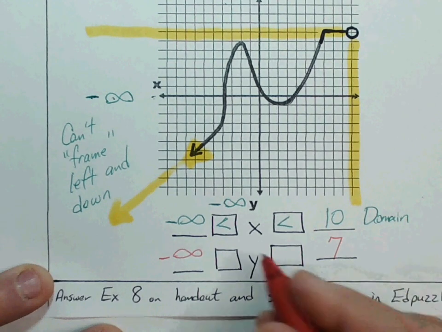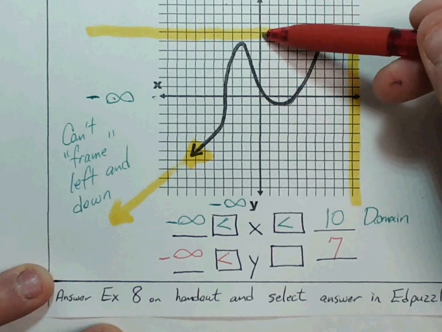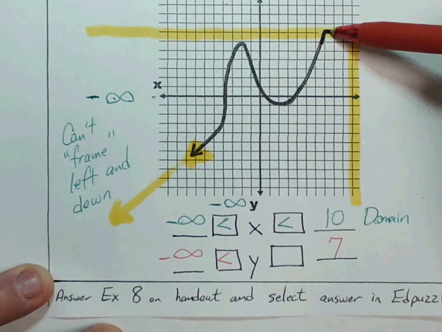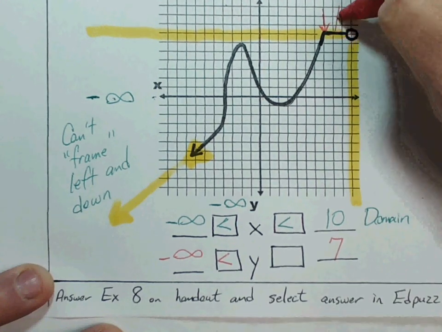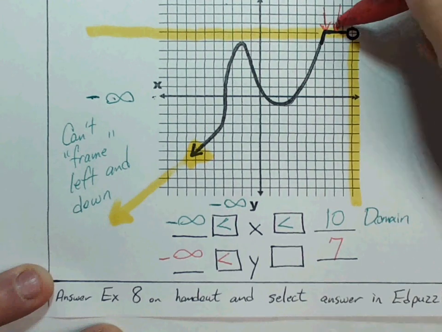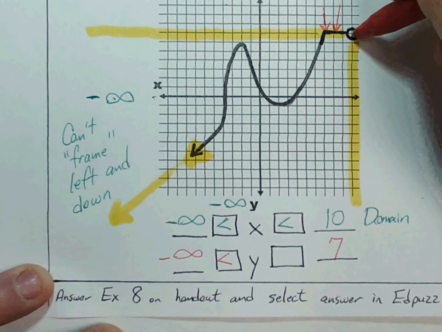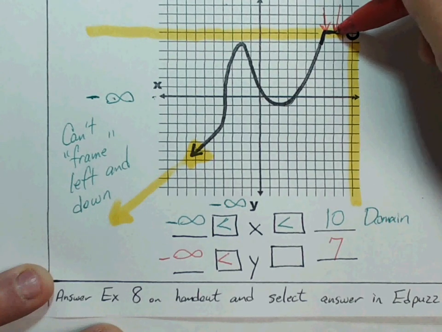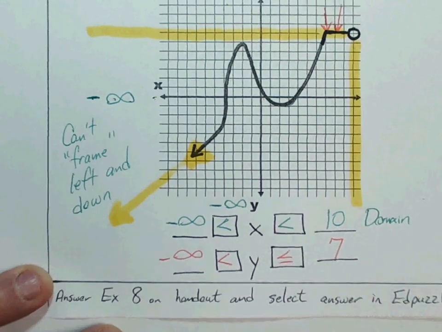Okay? Alright, we have a less than symbol, but now let's go check up here. Let's go check the graph at the top frame. Ooh, look right here. These points right here. Do I actually touch a 7 at these points right here? I do. Even though there's an open dot right there, I am touching it right here, and so I'm going to use a less than or equal to.